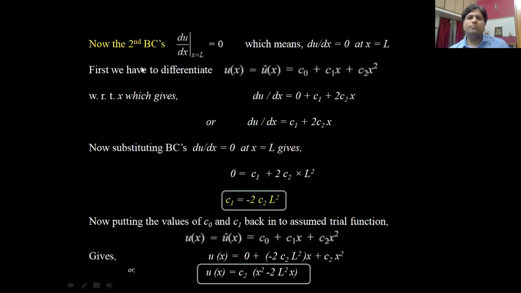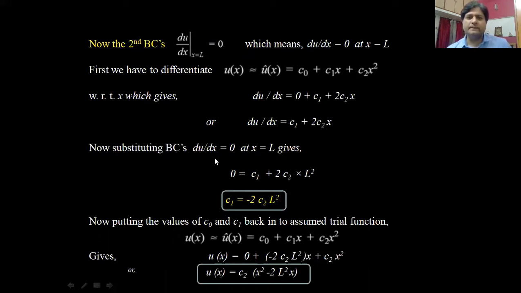Now to apply the second boundary condition, we differentiate u(x) = c0 + c1x + c2x² with respect to x, and we get 0 + c1 + 2c2x. So du/dx comes out to be c1 + 2c2x.